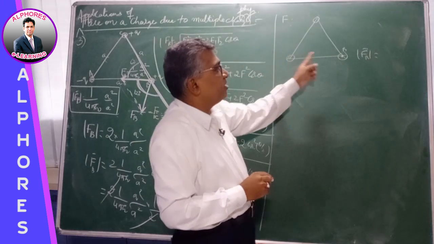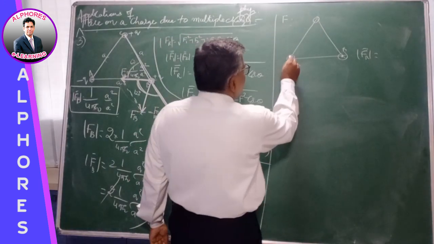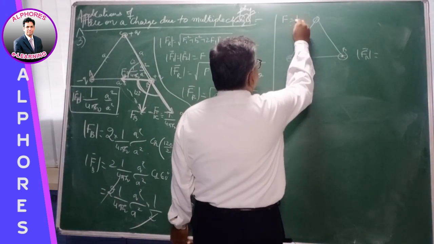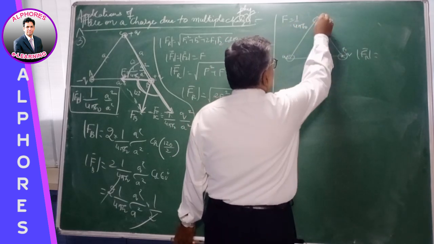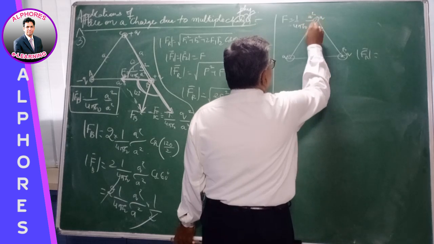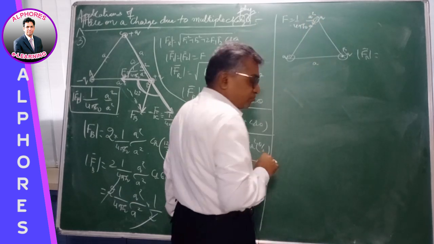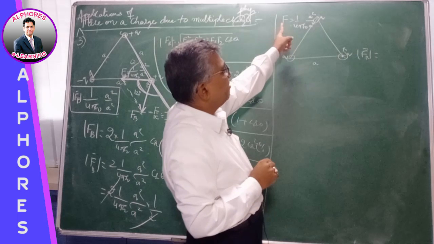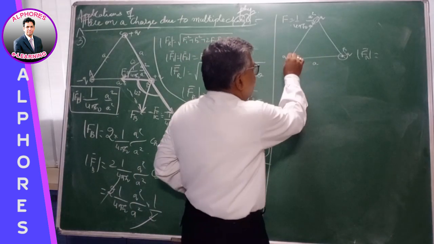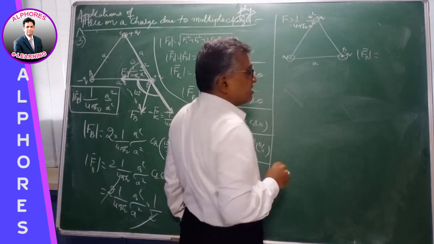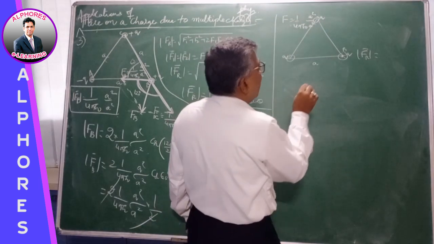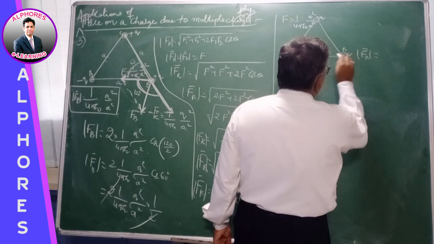If the magnitude of the force between any two charges, consider these two, is F, and the charges are identical Q, so it's 1 by 4 pi epsilon naught Q square by A square, side A. Given F is the force between any two charges, whether it is these two or these two or these two. Now what would be the resultant force acting on this?